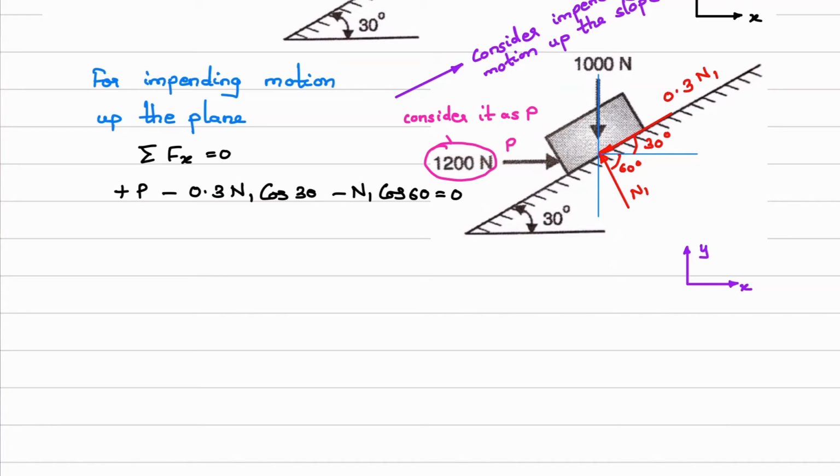So from here we will get P minus 0.7598 N1 equal to 0.